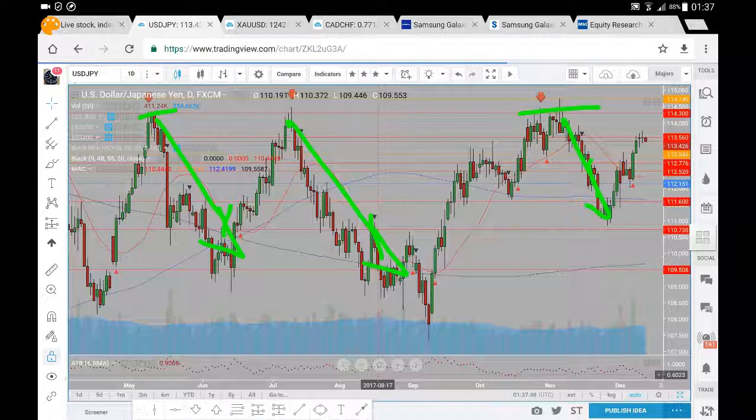So we'll see what happens when prices do get up to 114.30, if we can break towards the targets previously mentioned. Again, in light of the most recent trend being to the upside, pullbacks and slight reversals are to be expected before we get continuation and another test of that 114.30.